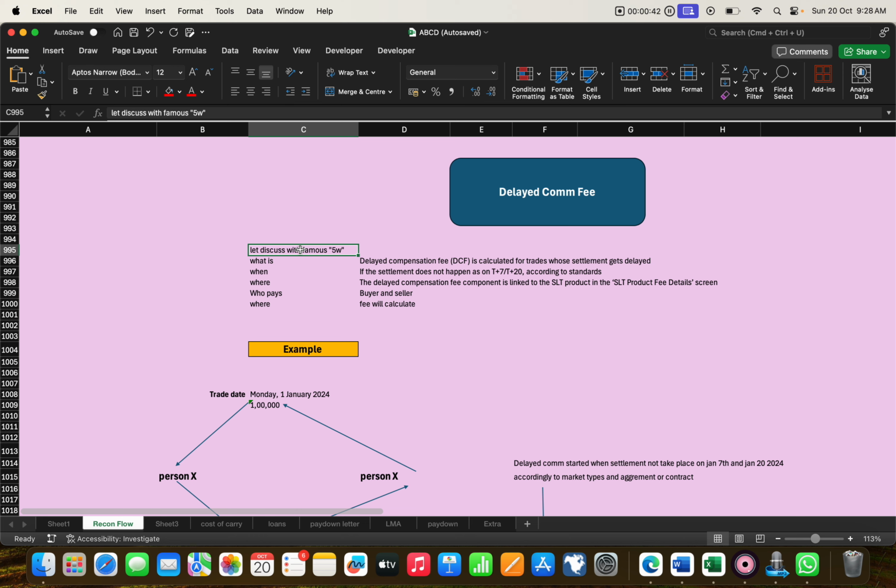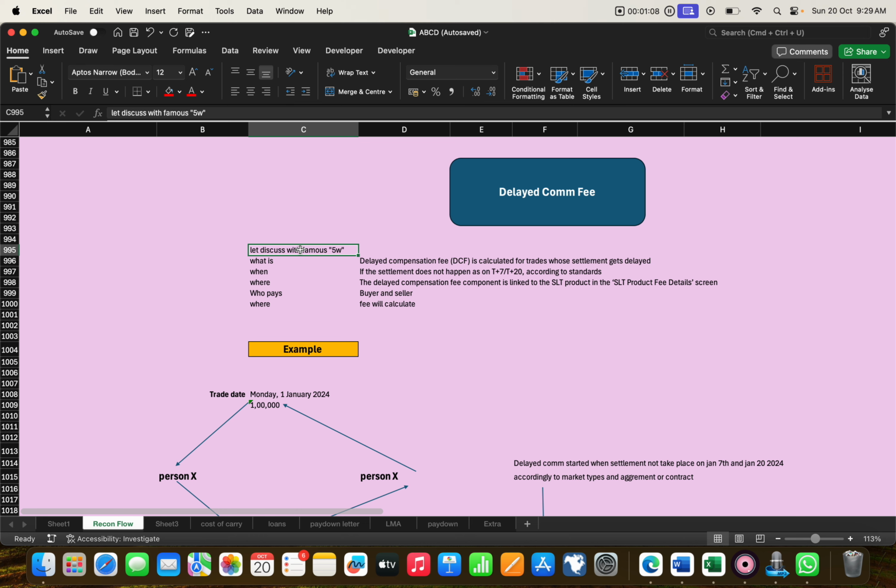So we start with what is delay compensation. Delay compensation is calculated when the trade settlement gets delayed. If the trade settlement date is, for example, today, and we are not able to do the settlement on the settlement date, then a delay charge will be applied.